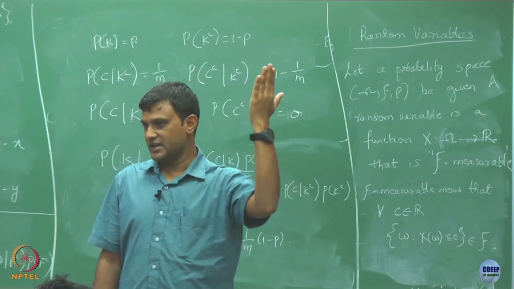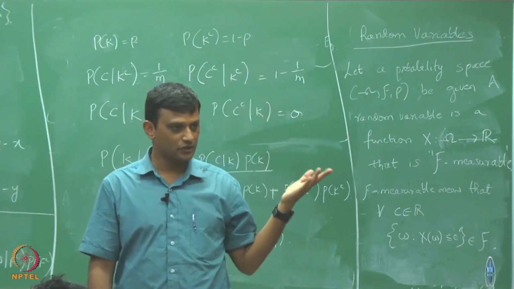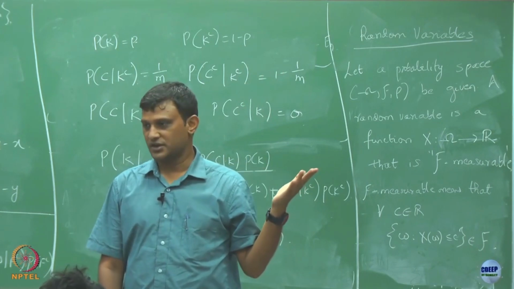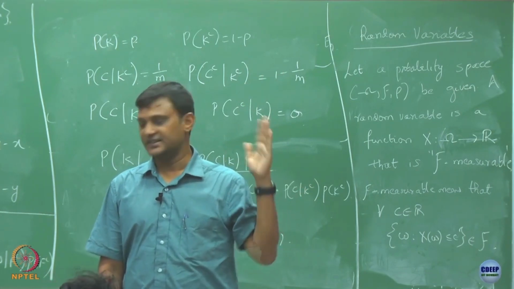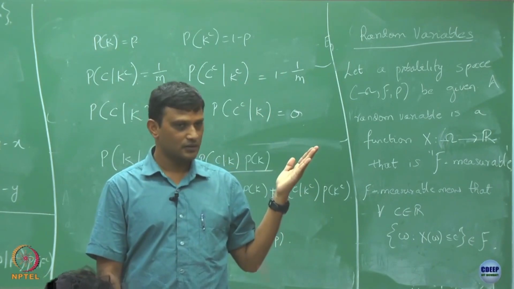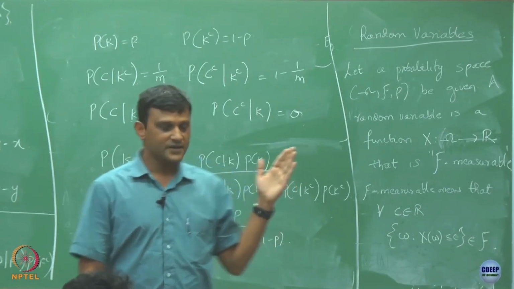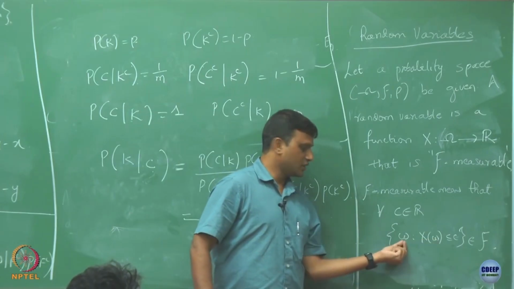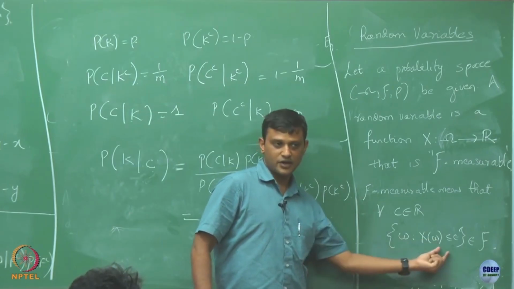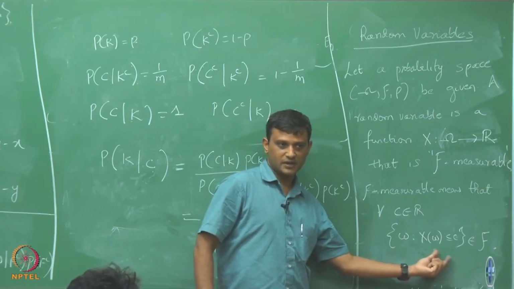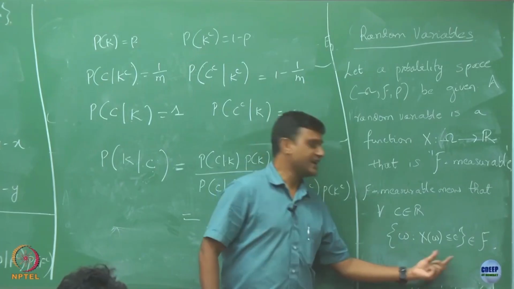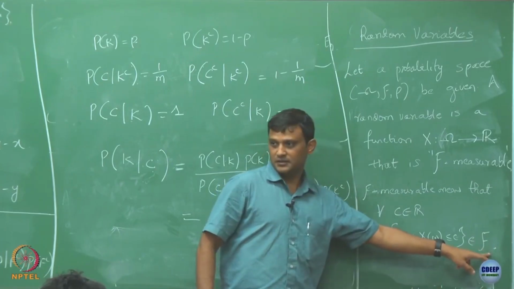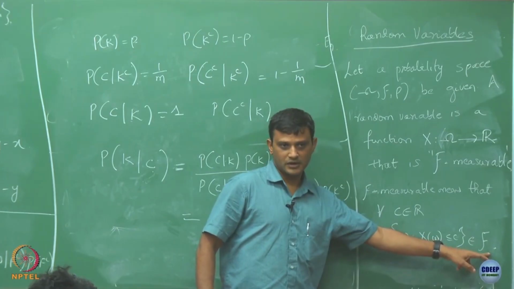So for example, in the case of a dice throw, I could ask the question: what is the probability that the outcome of the dice is less than or equal to 5? That is the set of all outcomes that take value less than or equal to 5, and that event, whatever it is, has to belong to this script F. And why is this?